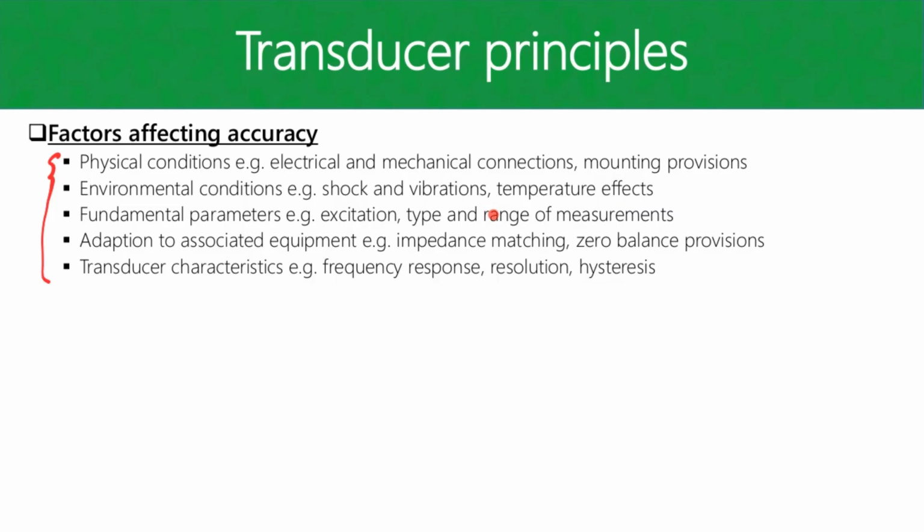So for instance, you might have a transducer that may only be able to measure distances between, let's say, 1 and 5 centimeters, but your application requires that you measure, let's say, 2 to 10 centimeters.